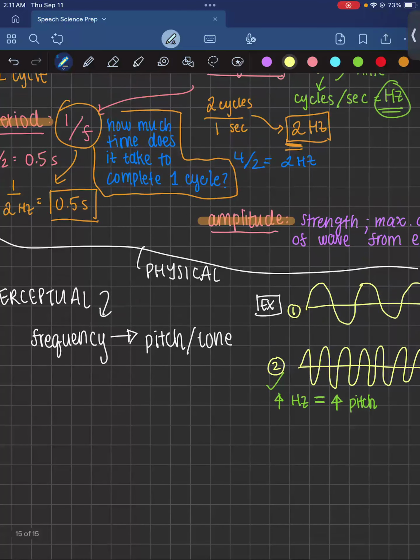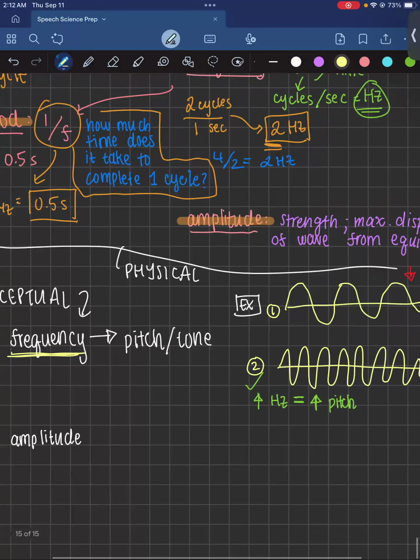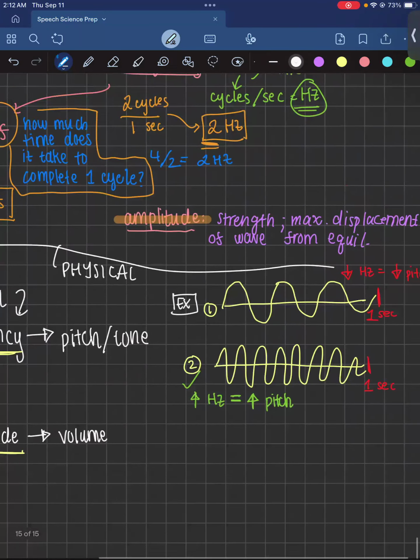And then in the same vein, we can also talk about amplitude and how it's perceived. So amplitude over here is going to be related to the volume that we perceive. So how loud or how soft is something?